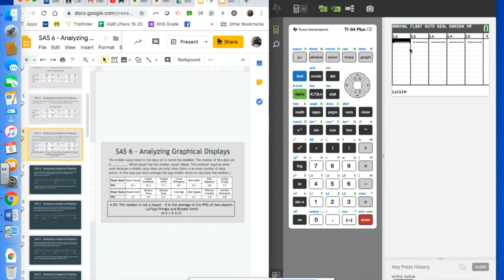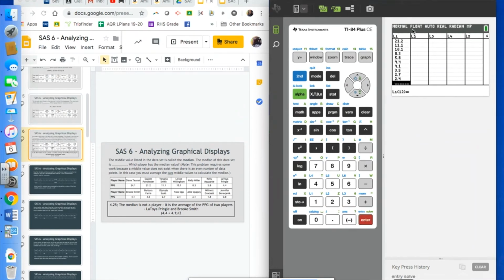So I've got 24.1, enter, and then I've got 21.2, 11.1, 10.1, 8.3, 5.8, 4.4, 4.1, 3.5, 2.7, 2.4. Let me go up there. I see that I'm missing a point. See that 35? That needs to be 3.5.